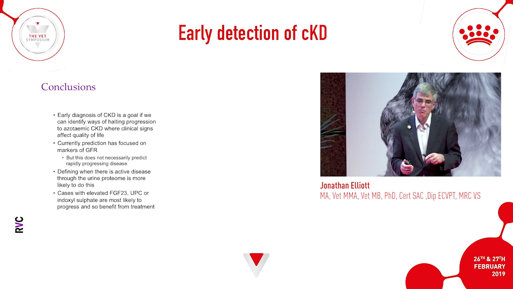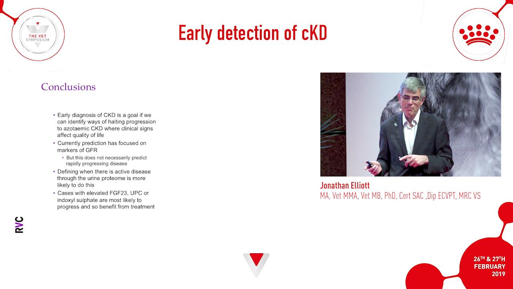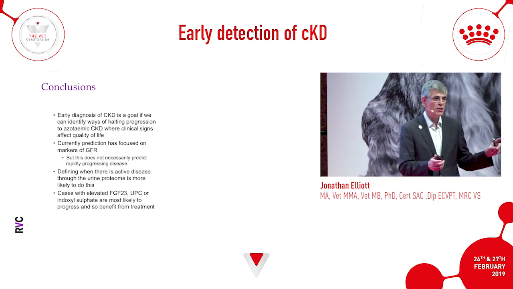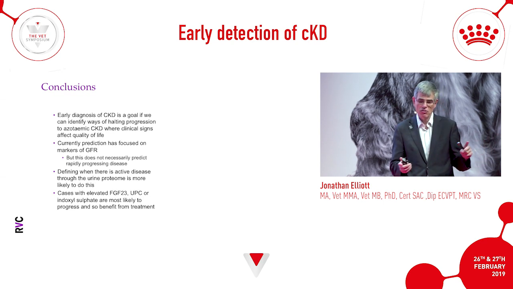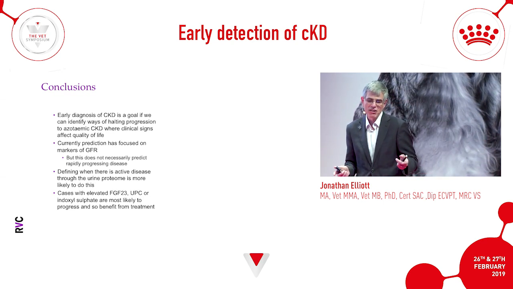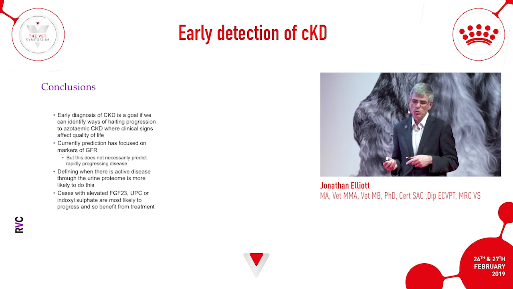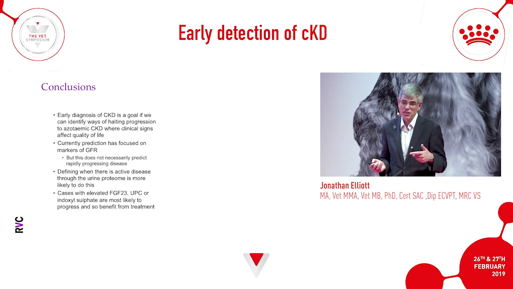Currently, prediction is focused on markers of GFR, but actually I think we want to look more in the urinary markers to see whether we can distinguish active disease from stable disease using those urinary markers. Defining when there is active disease, I think using the urinary proteome, therefore, is very important. Looking at FGF23 may well help us to target specific dietary treatment in those cats that are becoming phosphate overloaded.